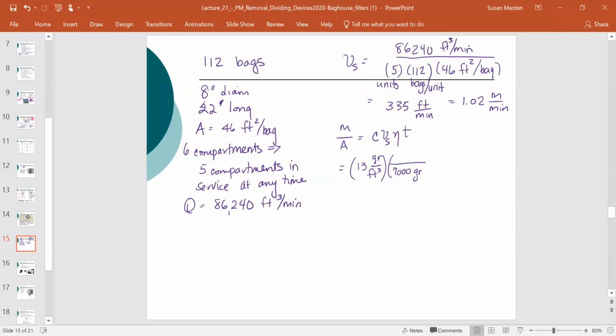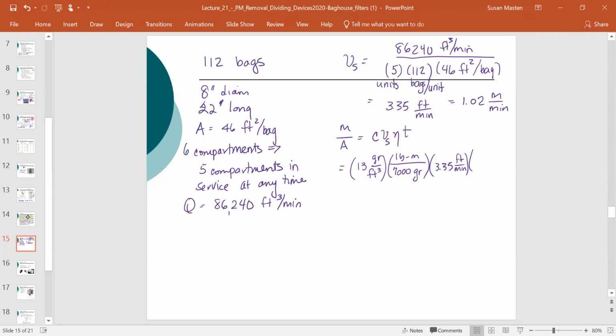There are 7,000 grains per pound. Our velocity is 3.3 feet per minute.